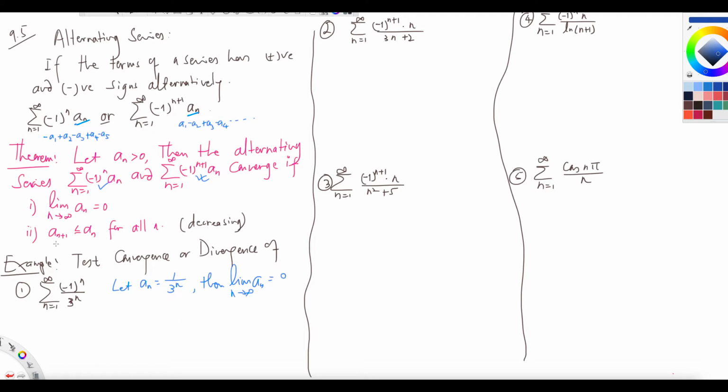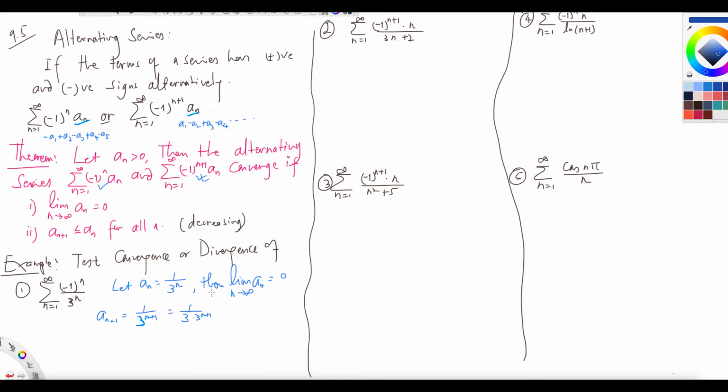Next, what is a_(n+1)? a_(n+1) will be 1 over 3 to the n plus 1. So which one is bigger? Which has the bigger denominator, a_n or a_(n+1)? You can see that this is the same as 1 over 3 times 3 to the n.